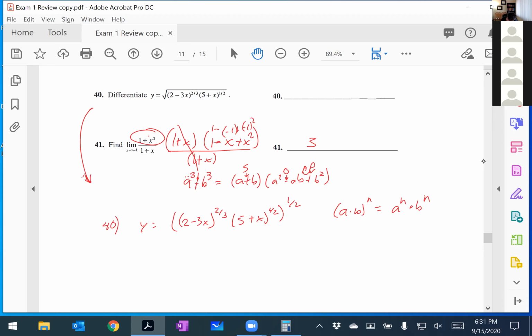Remember the product rule is f prime of x, g of x, plus g prime of x, f of x. So times the inside, but this is a chain rule. They're both going to be chain rules. Times negative 3. That's kind of nice because the 3's here will cancel out.